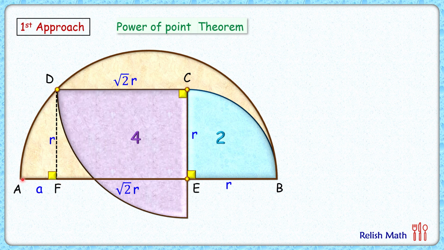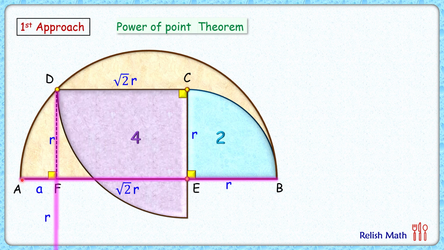Now here, if we assume this semicircle as a complete circle and extend DF to meet the circle on the other side at D dash, we have got two chords, one is AB and another chord is DD dash. These are intersecting at point F. So applying the intersecting chord theorem, since this DF is r, FD dash will also be r centimeter.